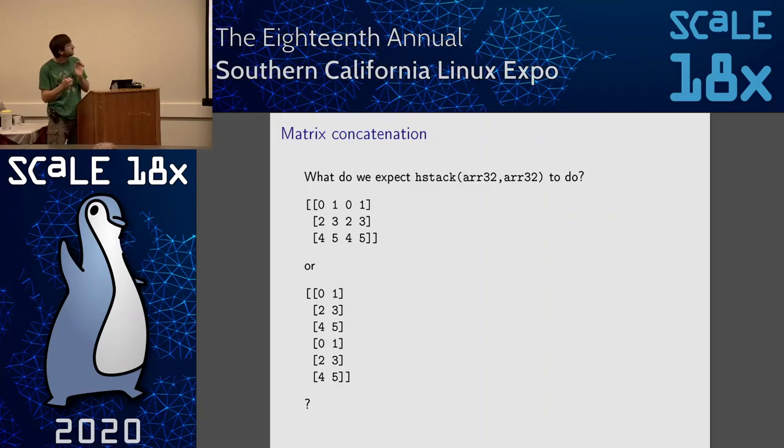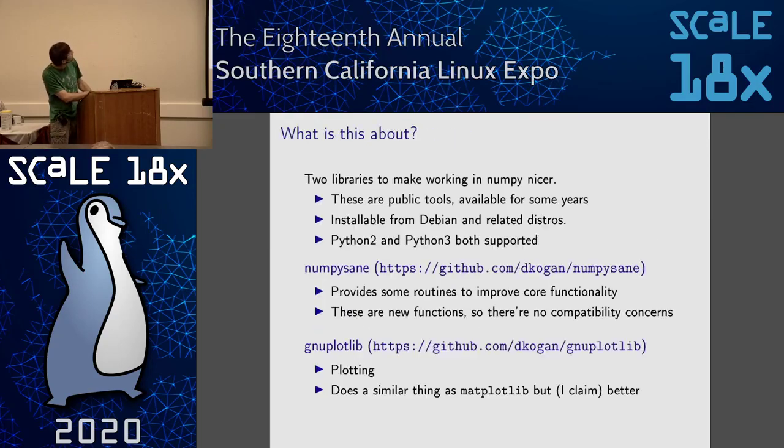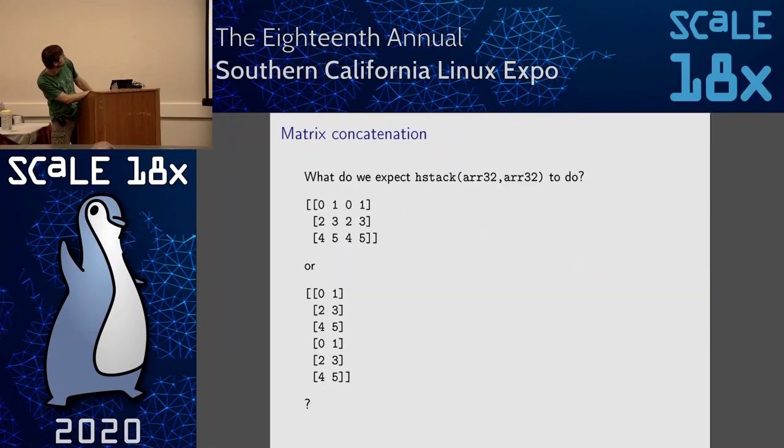Okay, so let's do an example. Let's say I have two two-dimensional arrays, and I want to concatenate them along their rows. So I want to extend their rows. I think I'm missing a slide, but that's okay.